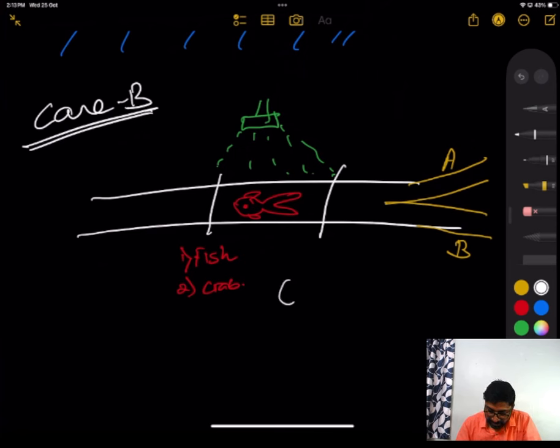Crab could be of circular shape, fish could be lengthier, fish have a fin, crab have more legs. So these types of identifiers, which are also called features, are extracted by a designer, and they are used to identify whether a given object is a fish or a crab.